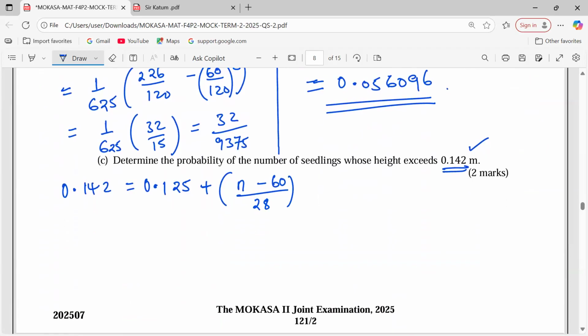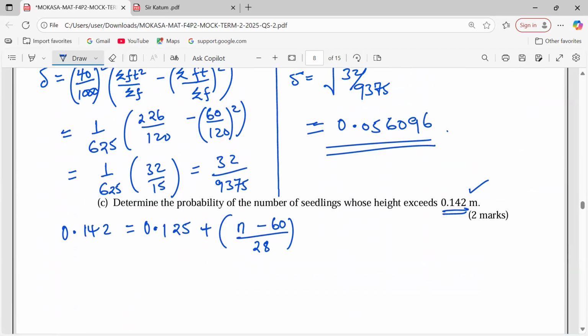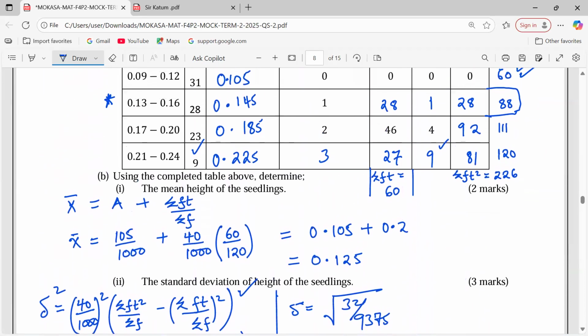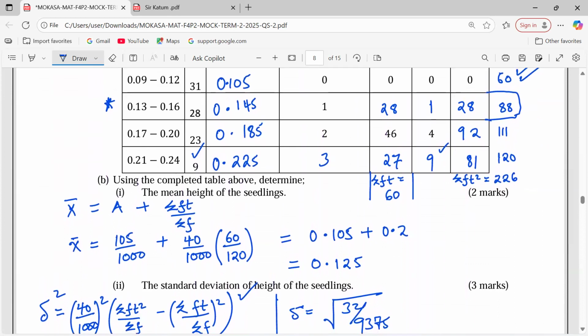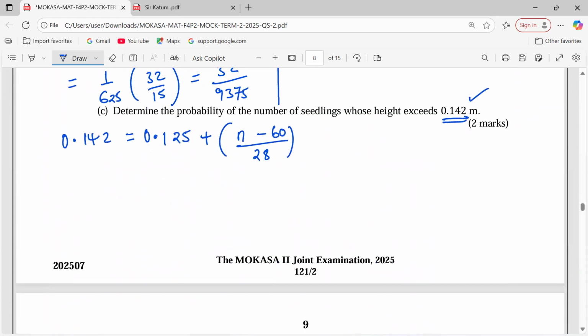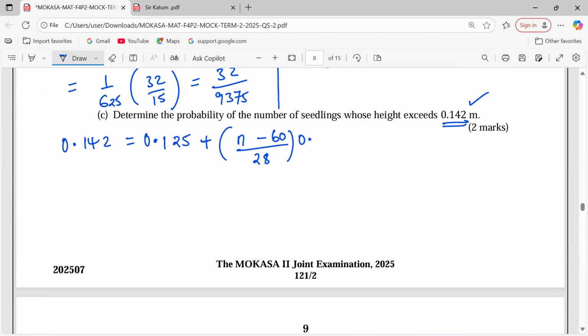Then we multiply by the class length. The class length in this case is going to be 0.04. So we can take 0.142 minus 0.125.